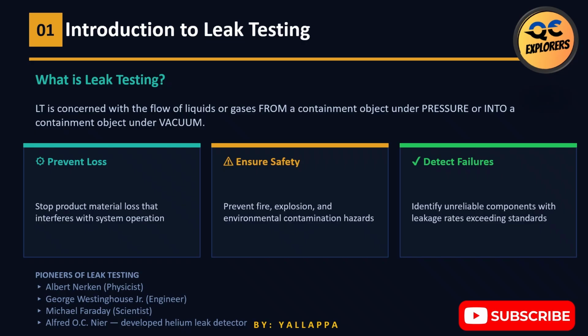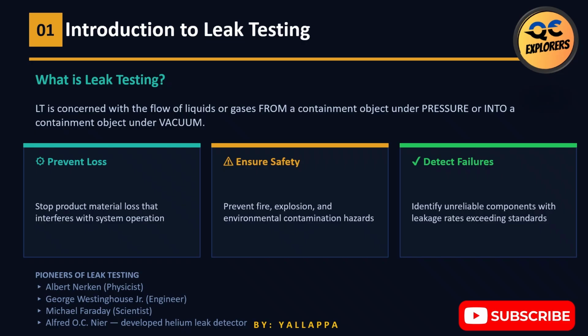Now, many students ask, why do we perform leak testing? There are three major reasons. The first is preventing material loss. Imagine a refinery losing expensive process gas continuously through leakage. Even a small leak can result in significant financial loss over time. The second reason is safety. Imagine a leak involving hydrogen, natural gas, ammonia, hydrogen sulfide, or chlorine. The consequences can be catastrophic.